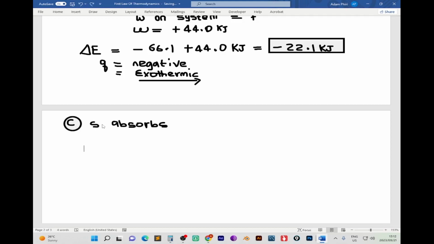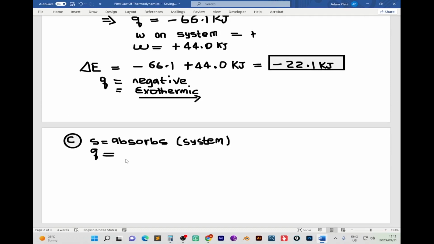It's absorbing heat, so absorbing heat means that the Q will be positive.